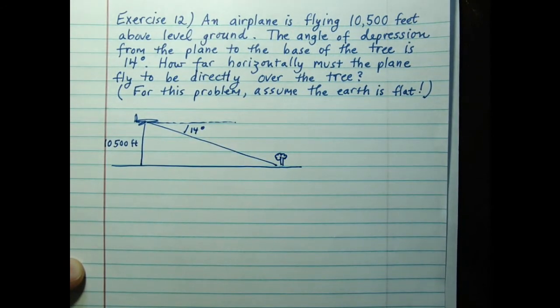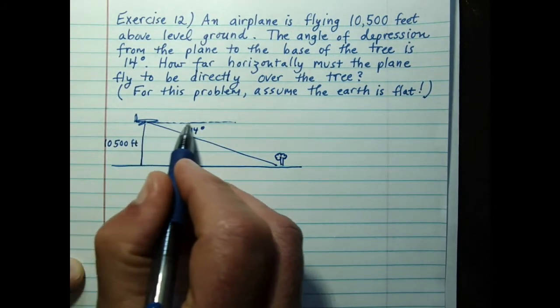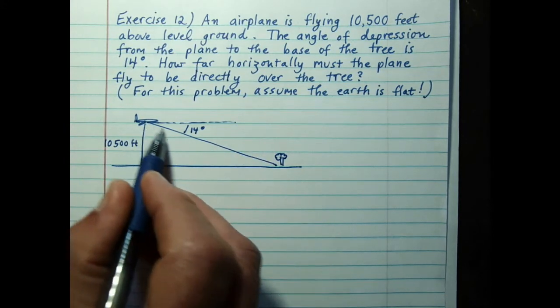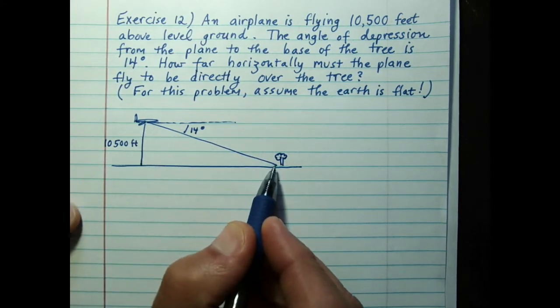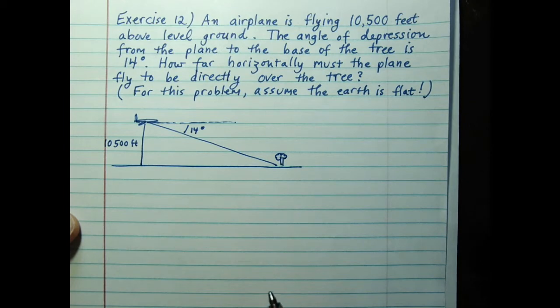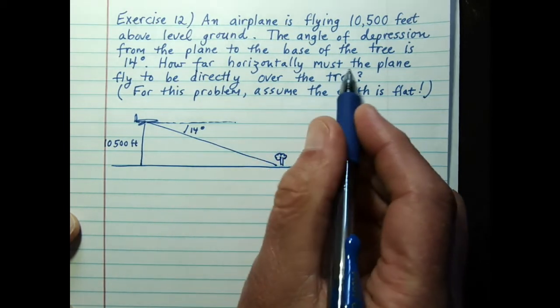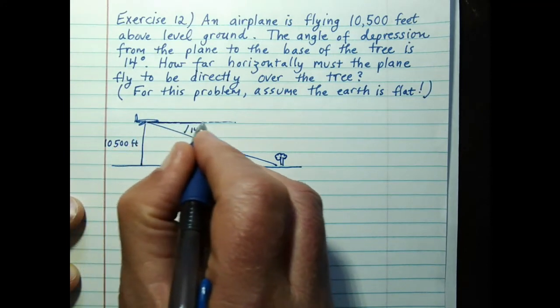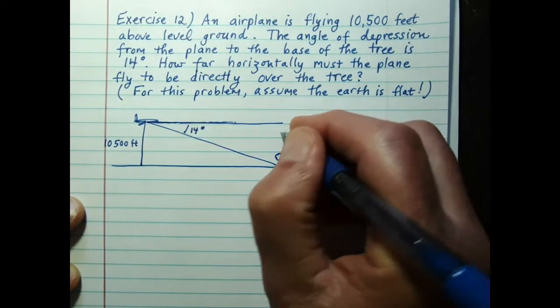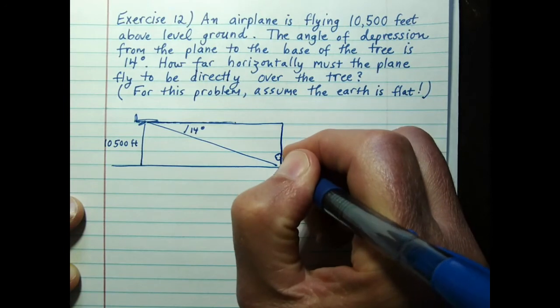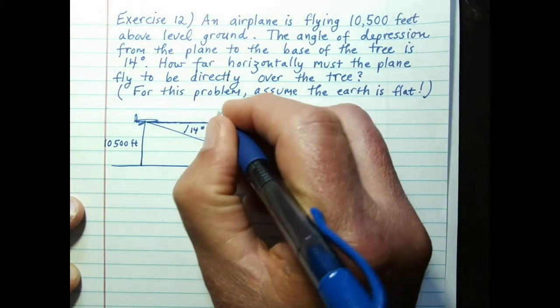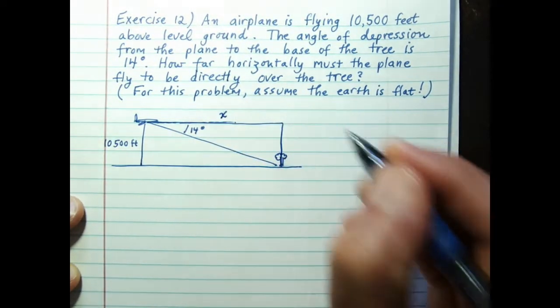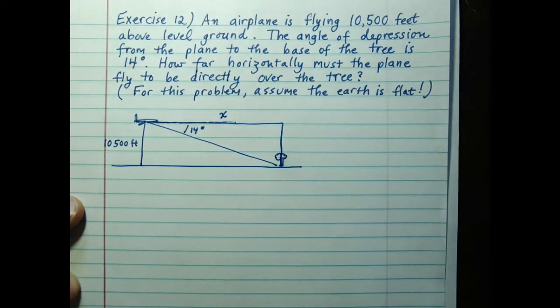Because it's one side horizontal, one side is descending down toward the base of the tree. Then we want to know, how far must the plane fly to be directly over the tree? Well, we could just extend this line to where it's directly over the tree. That's what we're trying to find, that distance x.